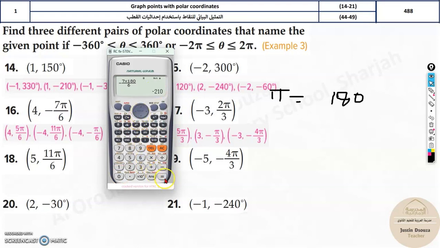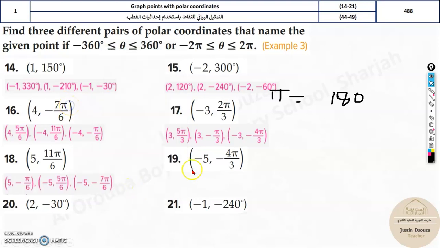This is the answer in degrees. That's negative 210. You will get it in degrees and then you can convert this to radians. All you need to do is divide this by 180, sorry. And that will be the answer, negative 7 by 6. But do remember to write pi after that. That's it. So these are the answers.